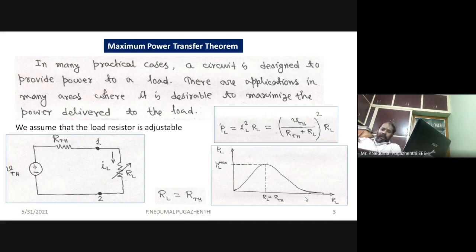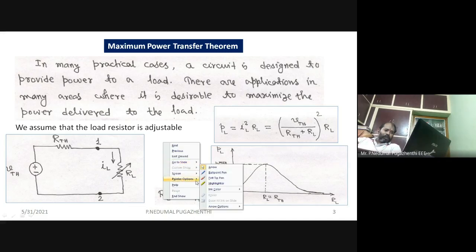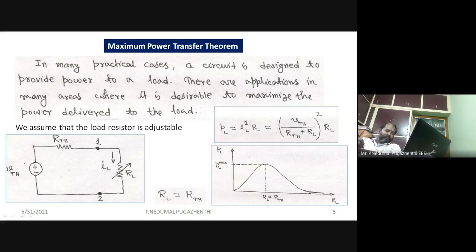Okay, let us assume that the circuit shown here is your circuit for analysis, and your source is VThevenin. You can see that you have a voltage source in series with the resistance RThevenin. Okay, we can say that both are in series and it is nothing but a Thevenin's equivalent circuit.